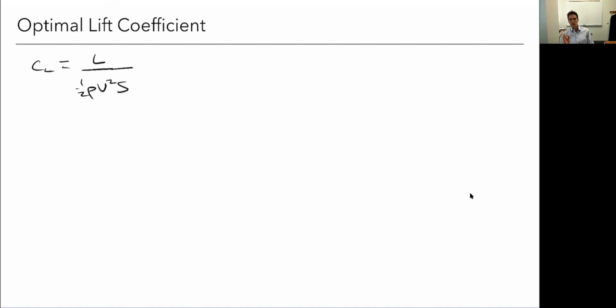And that's not necessarily the speed that's going to allow me to fly my max L over D, which is a metric we've been using often up until this point. They're actually different. There are some equations in the book. You have to be a little careful with them, right? There are some analytic formulas, but we have to make some assumptions. And there's one that assumes constant thrust, which roughly corresponds to jet engines, because for a jet engine the thrust is so large.